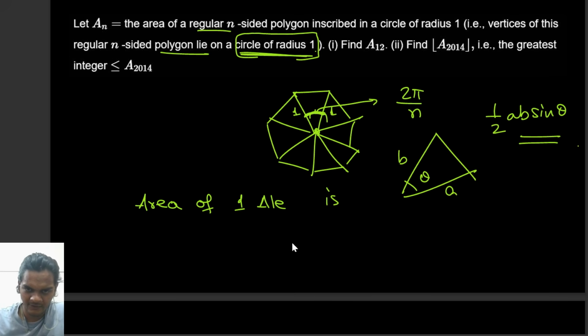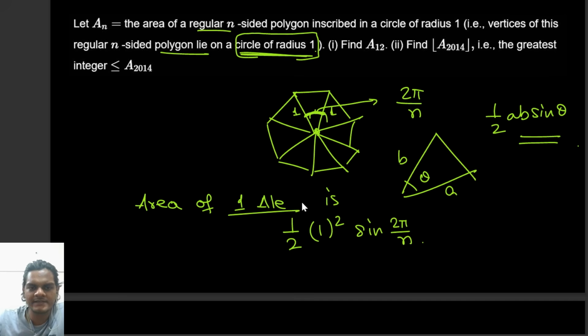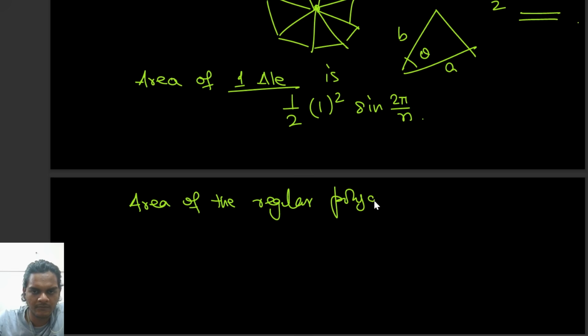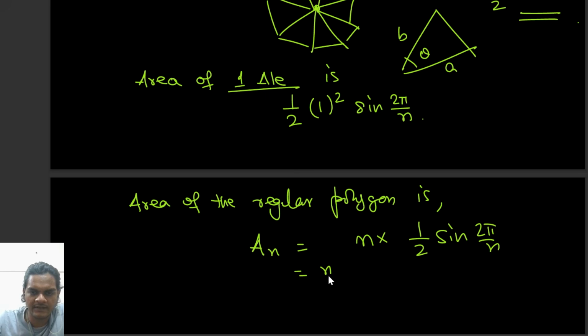Here it is 1 by 2, 1 square, sine 2 pi by n, and this is the area of one triangle. So the area of the regular polygon A_n is equal to n into 1 by 2 sine 2 pi by n. So it is n by 2 sine 2 pi by n.